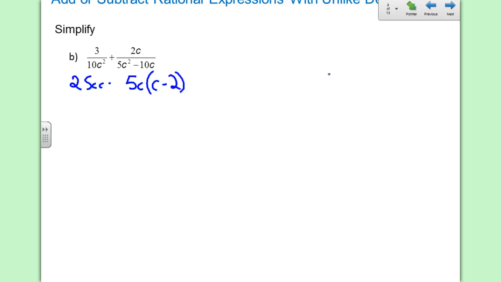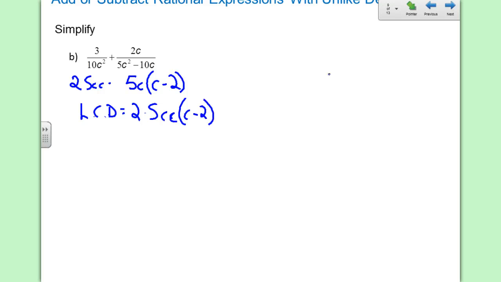So when I think about the lowest common denominator, it is built by looking at the smallest number of pieces I need to bring for the troll. Well, I need to bring a 2 and a 5. I've got to have two c's so I can build the first denominator, and I've got to have that c minus 2. What does that make?